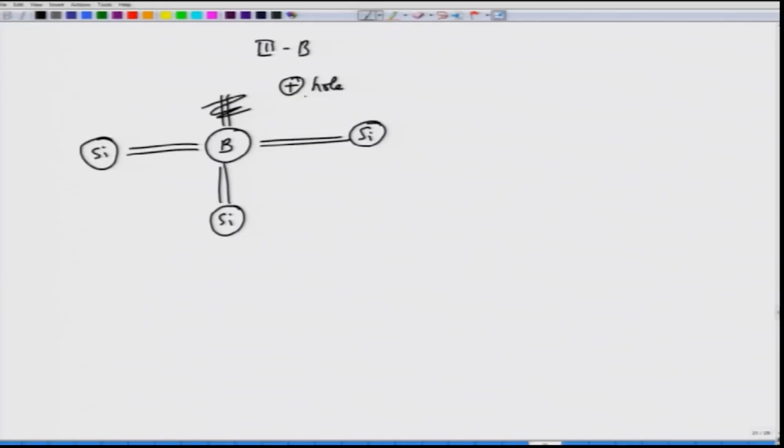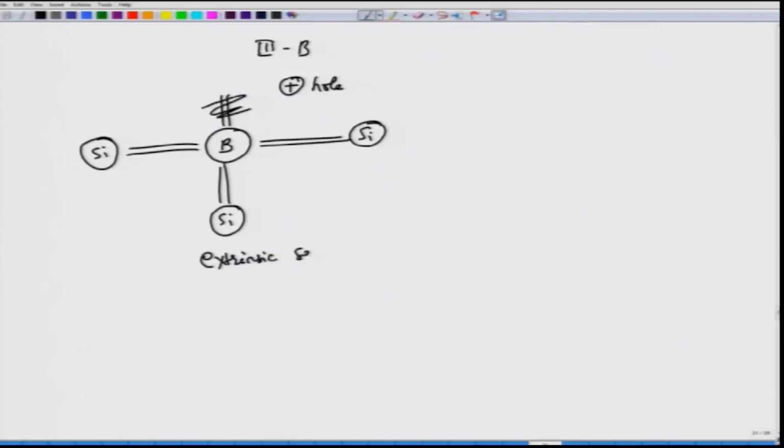So, substituting a few of the silicon atoms by group 3 elements introduces a lot of holes, and holes become the majority carriers in these elements. And because you have substituted some silicon atoms with other atoms, this material is now known as an extrinsic semiconductor, and the material in which the concentration of holes is much larger is called p type semiconducting material.